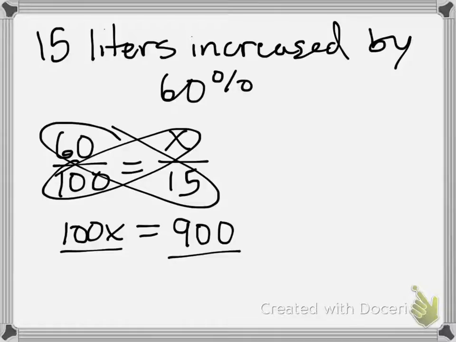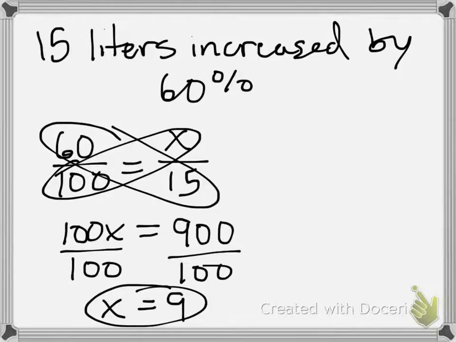So we divide both sides by 100, and x equals 9. 900 divided by 100 is 9. So the increase is 9. It's asking us to find the new amount, so we take that 15 liters plus the 9 liters, and we get a total of 24 liters.